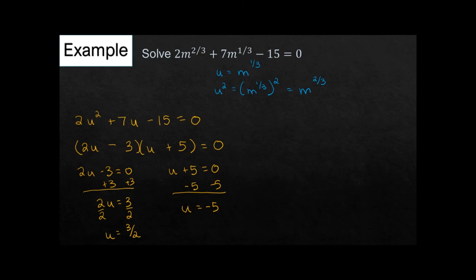Now I need to back substitute in what u is equal to. So u is m to the 1/3 power. So I have m to the 1/3 is equal to 3 halves, and m to the 1/3 is equal to -5.